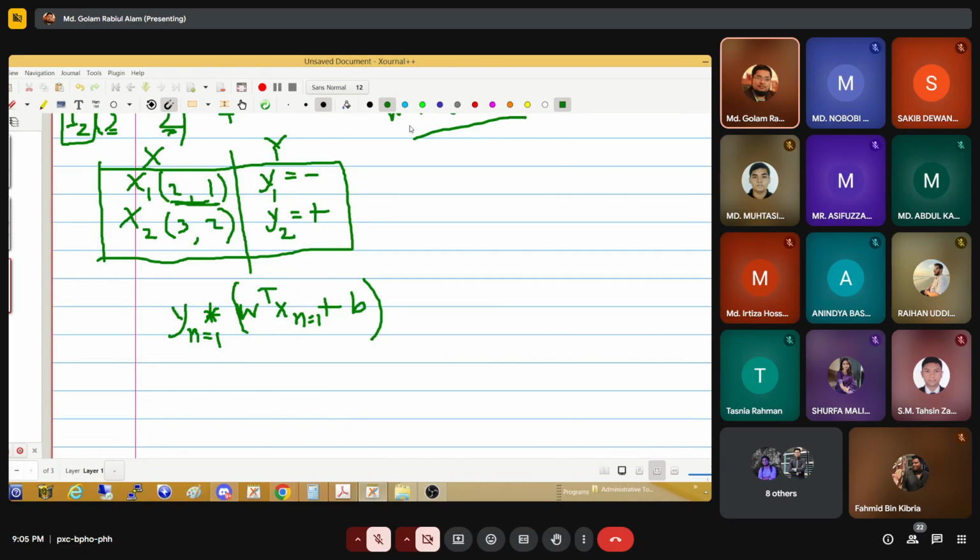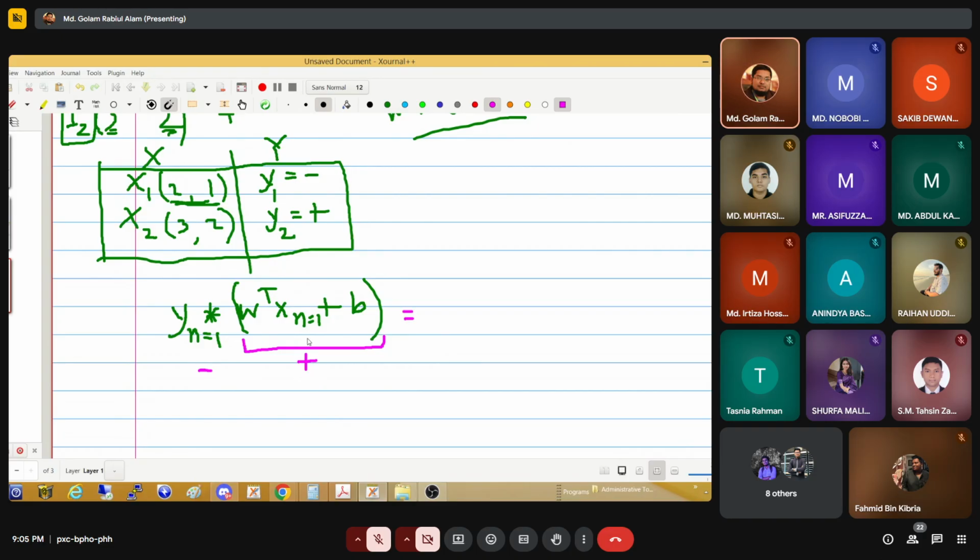So let's say this part of this equation provides us some positive value. Okay, positive. And actually we can say y1 is what? y1 is negative. So if we multiply these two, then what will we get? Negative and positive.